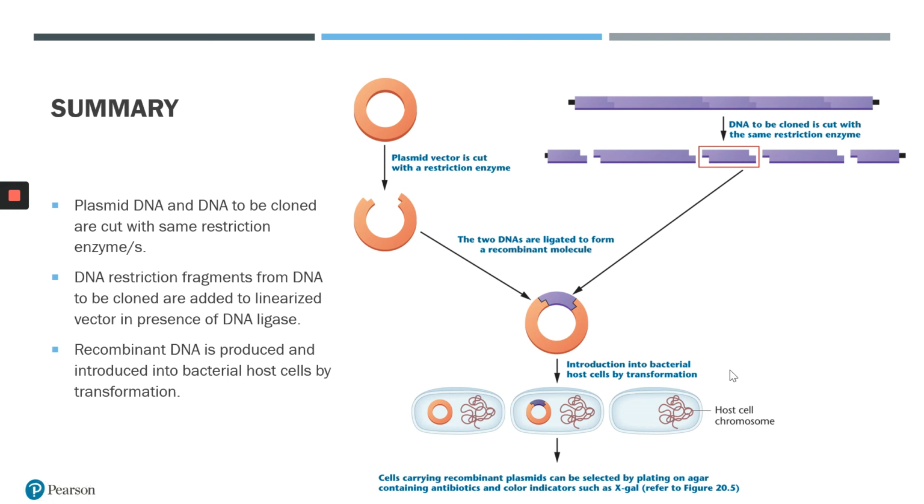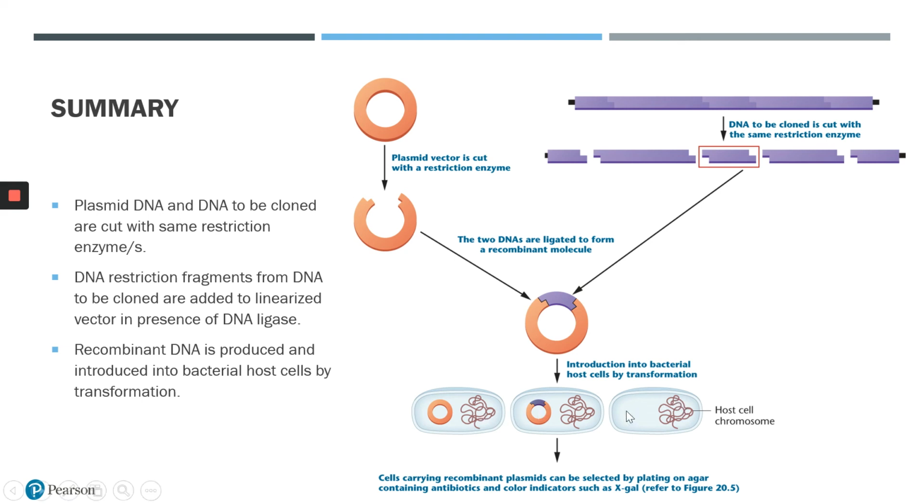So transformation is not always a highly efficient process. And by this, I mean that in the process of transformation, vectors that contain insert DNA aren't always introduced into the bacterial host. In some cases, we could have religated vector or vector that does not contain the insert DNA, or we could have bacteria that do not contain any vector DNA or any additional DNA fragment.